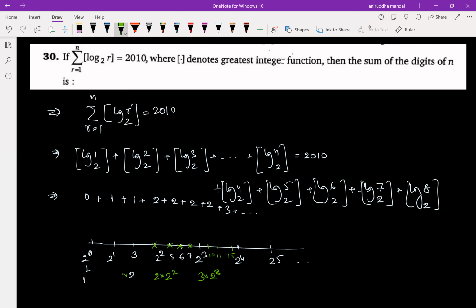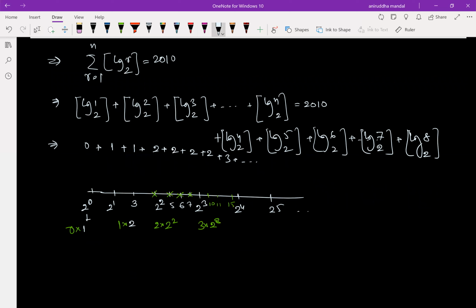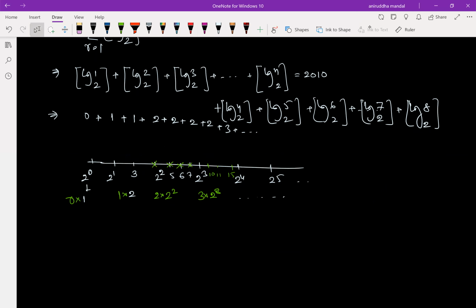This is 2 numbers for 1, and this is 1 number for 0. Okay, so if we go like this, what we have here is 2 to the power 2, 2 to the power 4, 2 to the power 6.